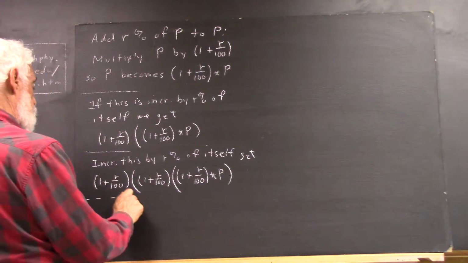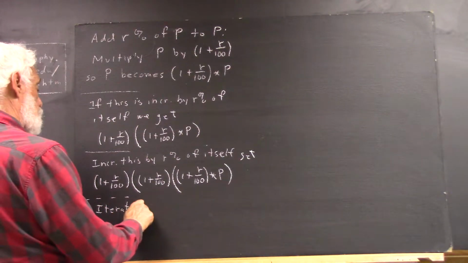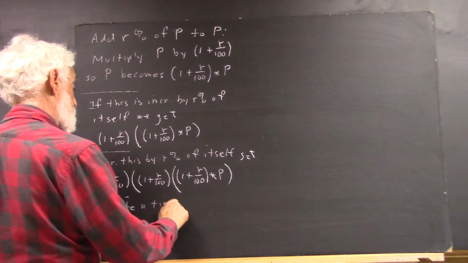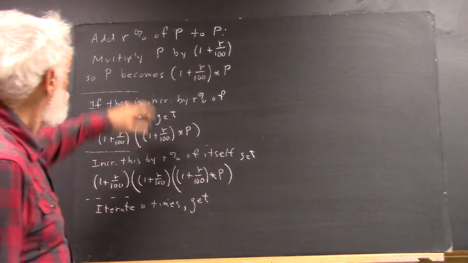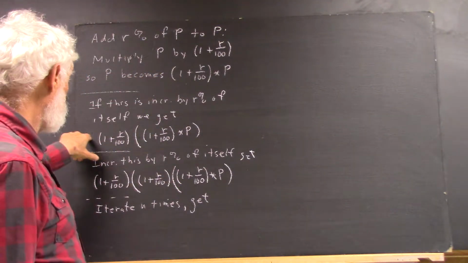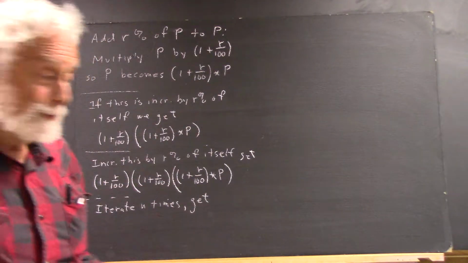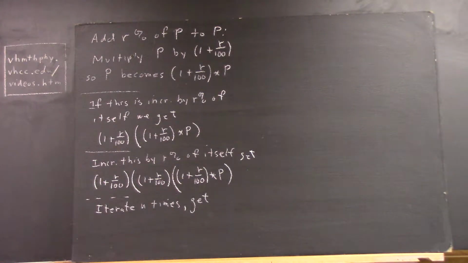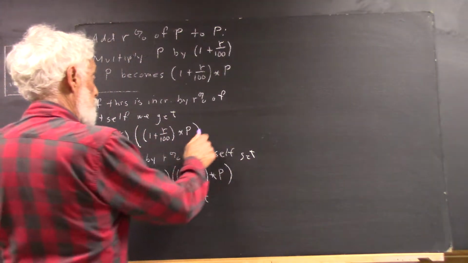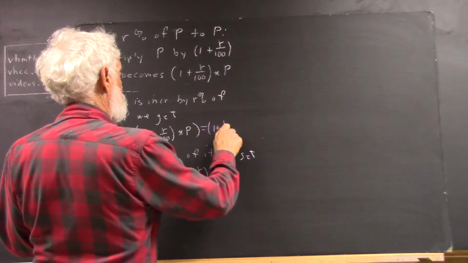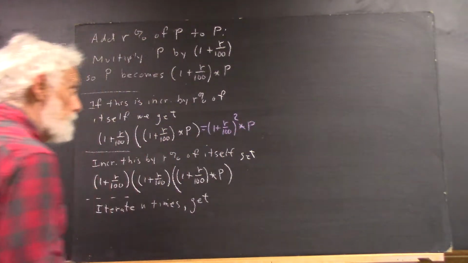Now, if we iterate n times, what do we get? Well, our first iteration is this, our second iteration is this, our third iteration is this. Doesn't this equal 1 plus r over 100 squared times p?